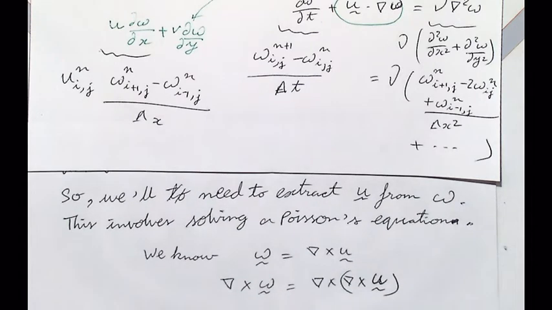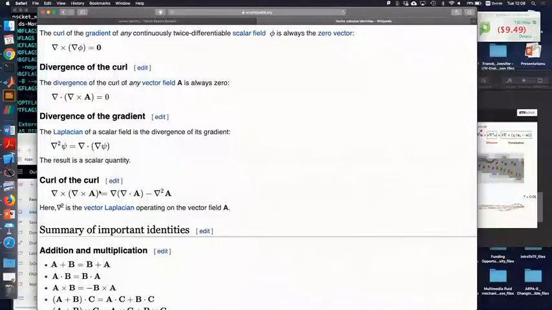Okay, let's see what the vector identity is. So it's right here. Curl of the curl. All right. Nabla cross A is nabla A minus nabla squared. Okay. So now you tell me, what should this become?